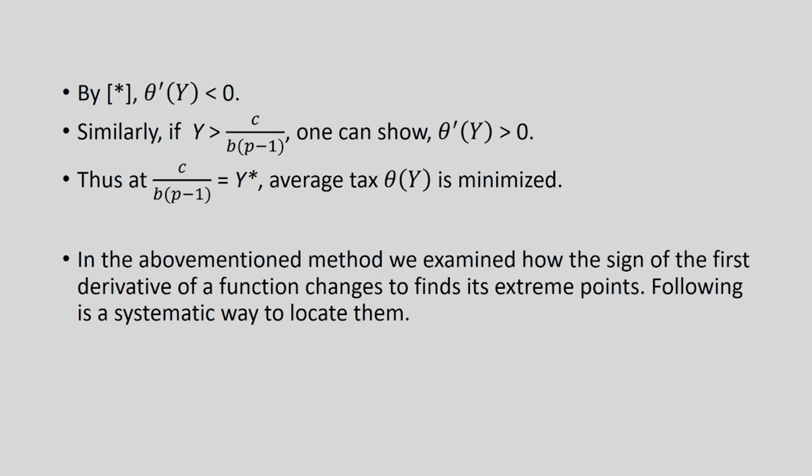So the idea is that at what particular value of the variable you have a stationary point, right? Stationary point means the first derivative is equal to 0, and with that we have to add the conditions that before the stationary point is attained, the first derivative should be positive or at least non-negative, and after the stationary point is attained, the first derivative should be negative or at least non-positive.